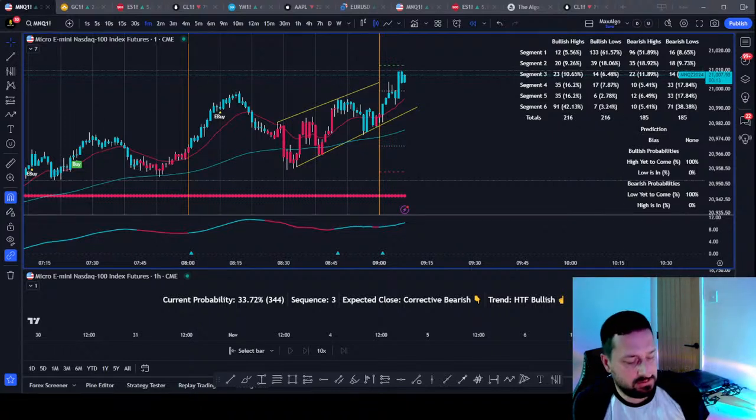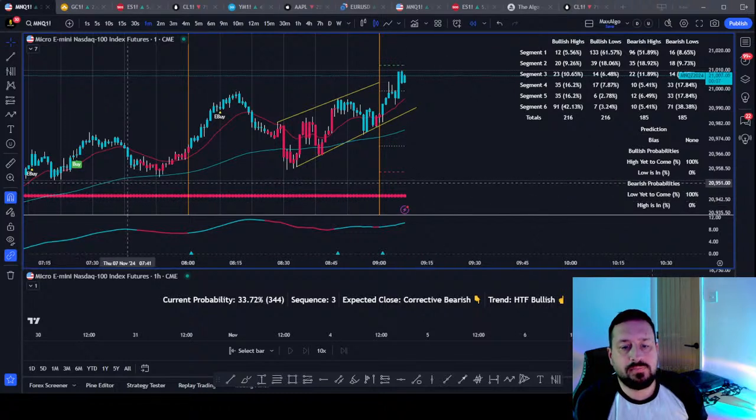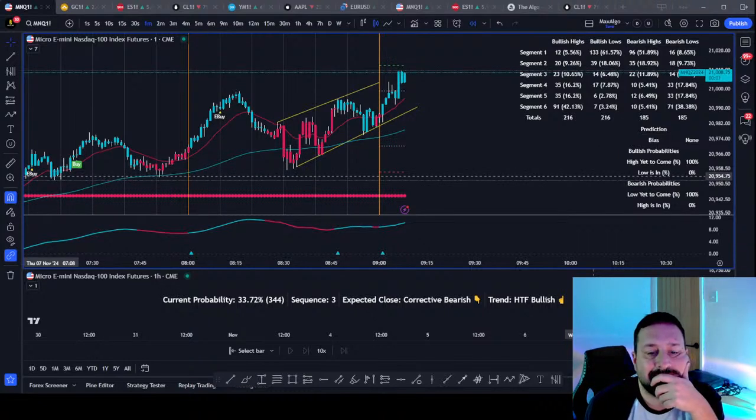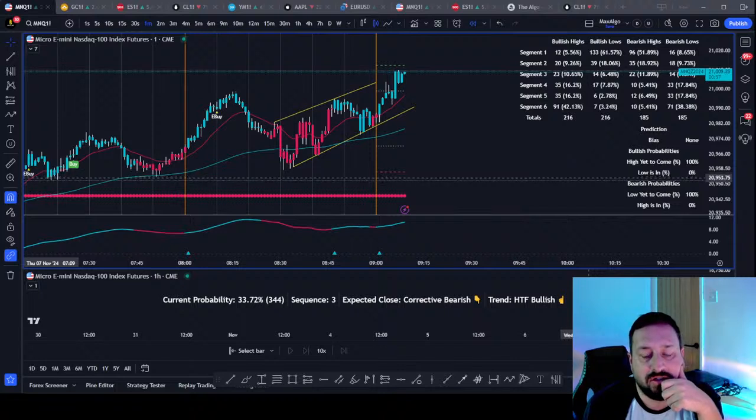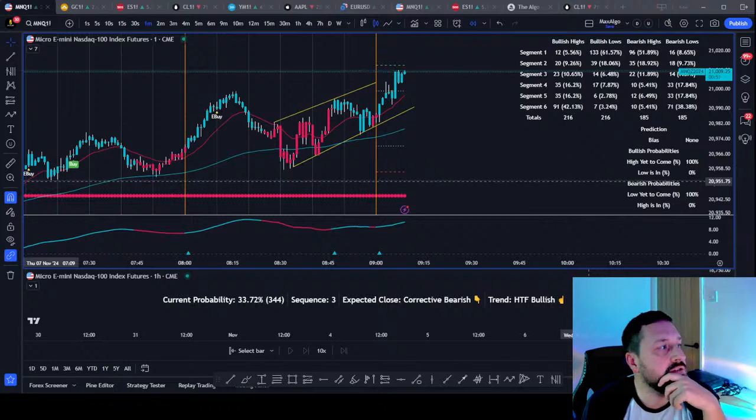Let's have a look. Oof. If the Owlie can switch to a bullish sequence 1, it could go nuts.